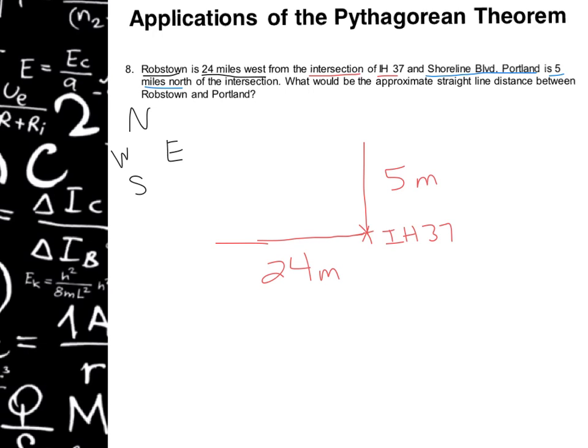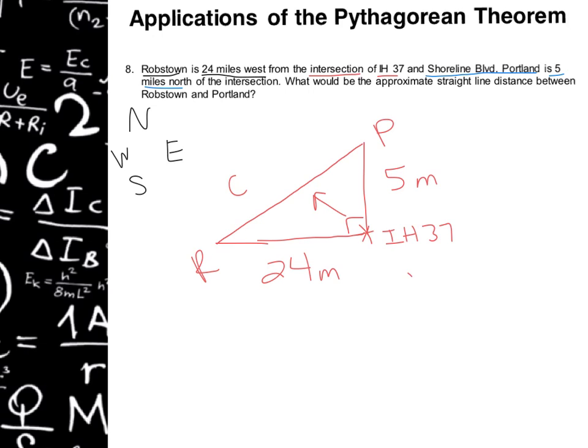So it says, what would be the approximate straight line distance between Robstown and Portland? So here's Robstown and here's Portland. So I want to know that straight line distance. So again, this is solving for c, our hypotenuse. It formed a right triangle. So the side across from the right angle is our hypotenuse.